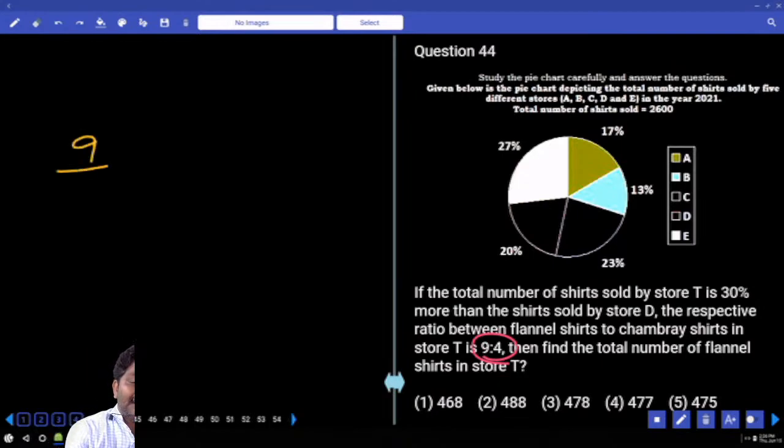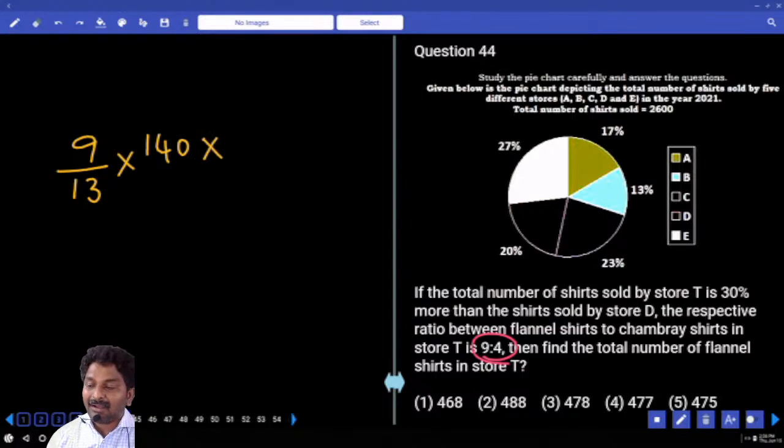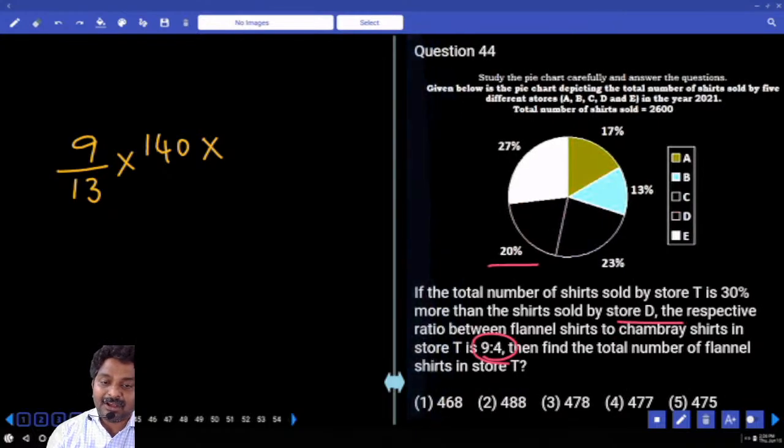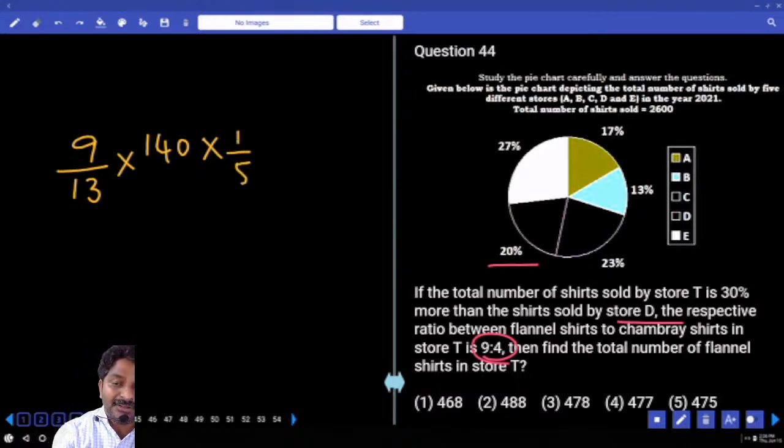So you need to calculate 9 out of 13 among 140%. That is 140 into 1% value. 140% of what? Store D. How much is that? 20%, which is 1/5 of 1%, which is 26.